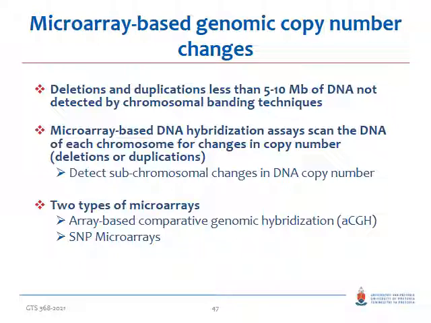It's a microarray-based DNA assay, and it can scan copy number, that is deletions and duplications at the submicroscopic level. There's two types of microarrays. The one is your array-based comparative genomic hybridization, and the second one is your single nucleotide polymorphism microarray.